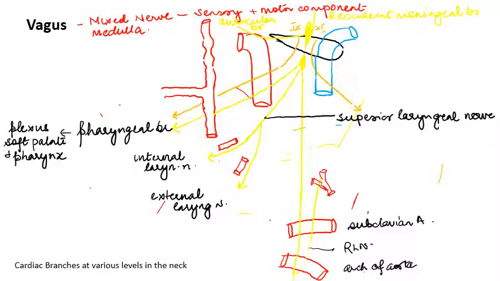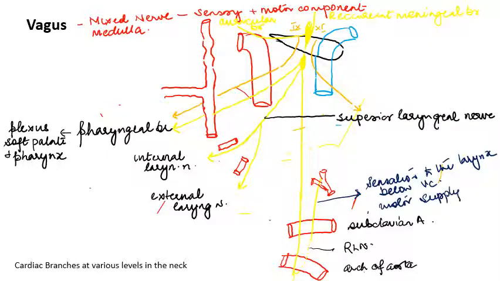It supplies sensation to the larynx below the vocal cords and motor supply to all the muscles of the larynx except cricothyroid. So this is important. So these are the important branches.